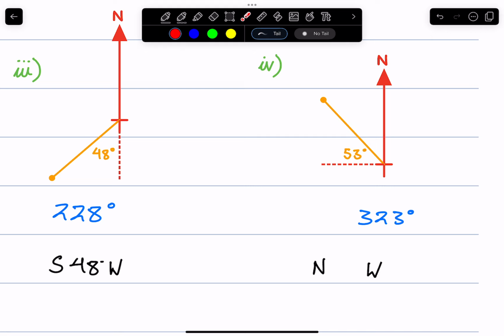We just now need to figure out what this angle is in that red segment. Well, since we know that this is 53 and this must add up to 90, we can calculate this missing angle by doing 90 take away 53. That would give us 37 degrees. So it would be north 37 degrees west.